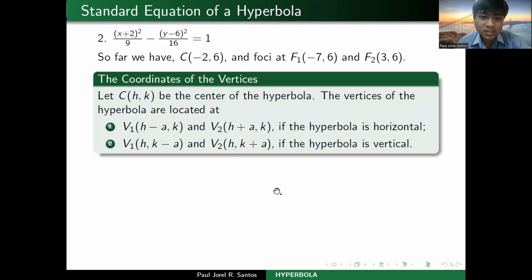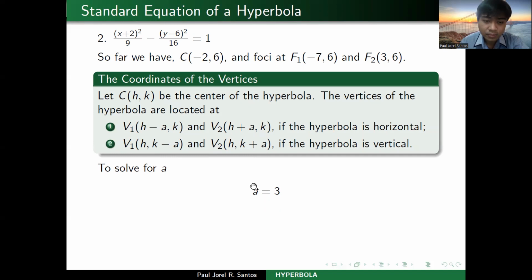Let us have the coordinates of the vertices. The center of the hyperbola has the coordinate (h, k). The vertices are located at, again, we will be using the first formula, but we do not know yet the value of a. Solving for a, a squared is equal to the first denominator, which is 9, so a is equal to 3. Since a is 3, we can substitute it into our formula.